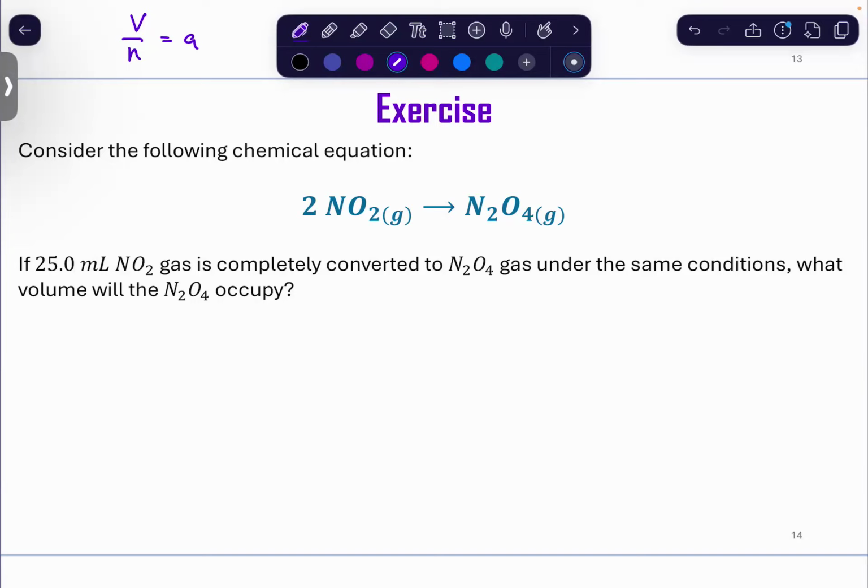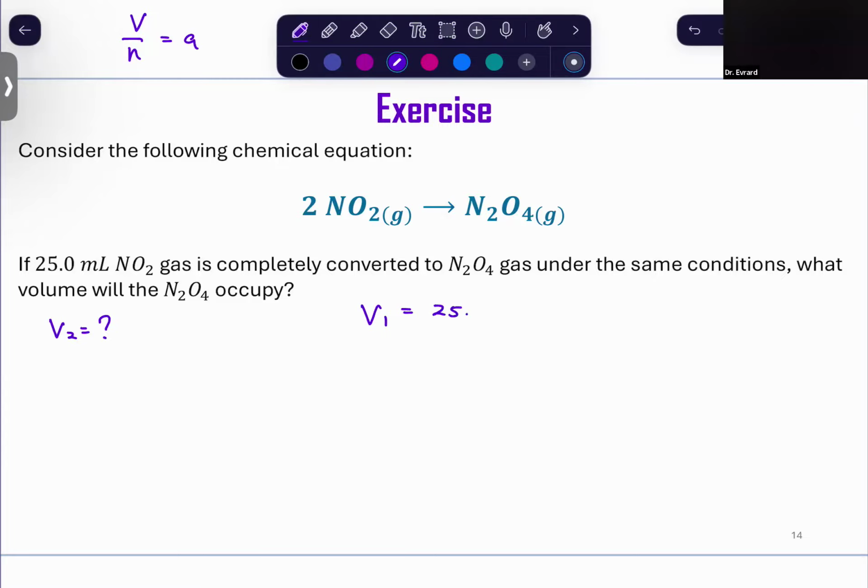Not really. Remember, we've been using stoichiometry. Use your stoichiometry. So let's think about this. What are we being asked for? Well, what is volume two? Okay, so what are things we know? Volume one, 25 milliliters.